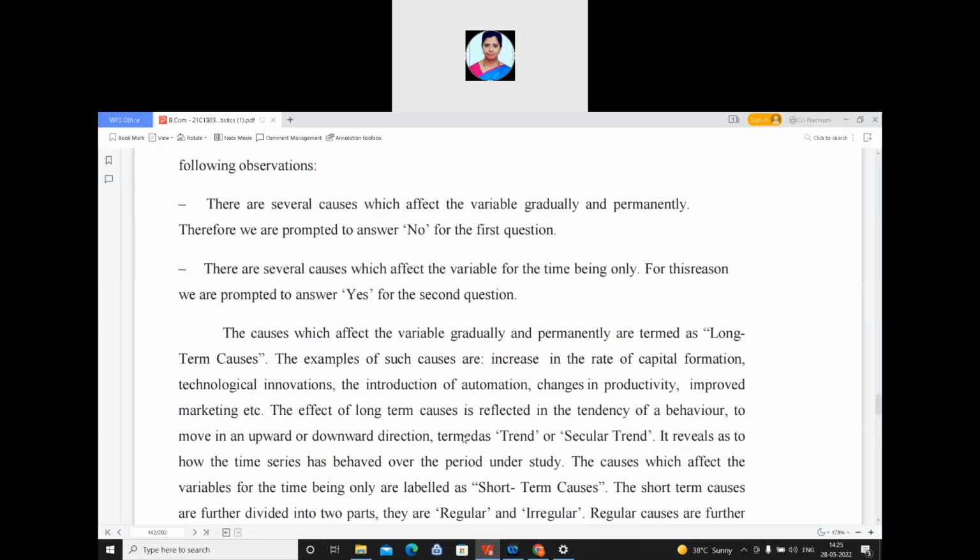So here we are introducing this technical term, trend and secular trend. It reveals how the time series has behaved over the period under study.